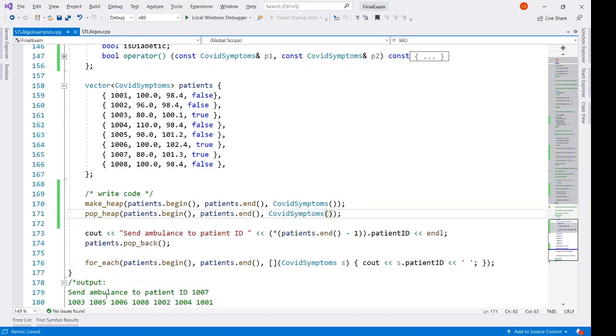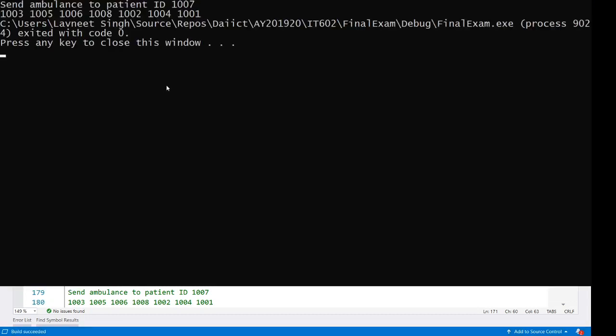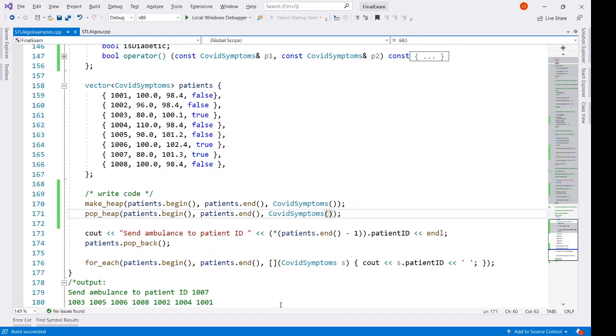Okay, now after that, let's make sure our code still works and gives the expected output. And if we see the output, it is exactly the same as before. The ambulance should be sent for patient ID 1007, 1003 is hopefully the next one, and that is how we solve this problem.